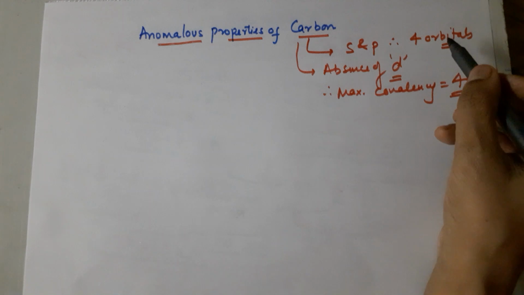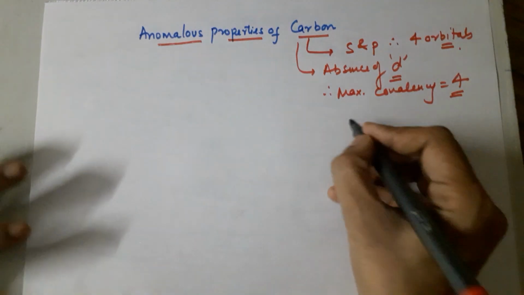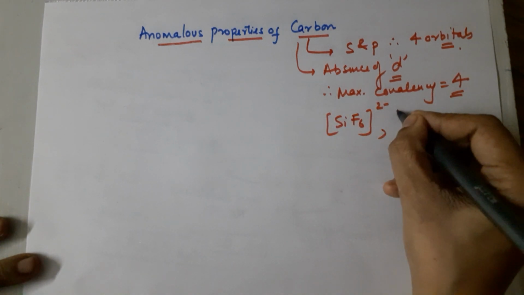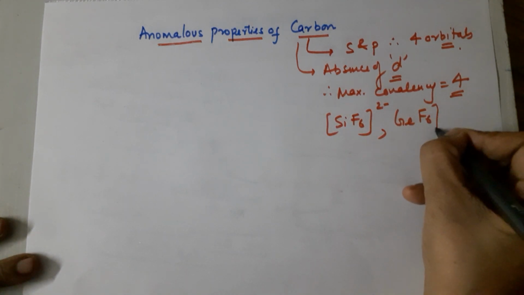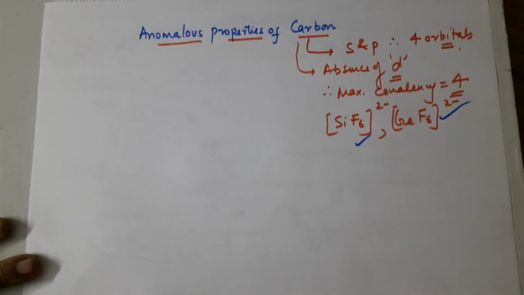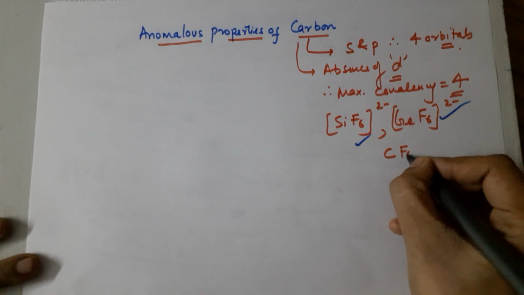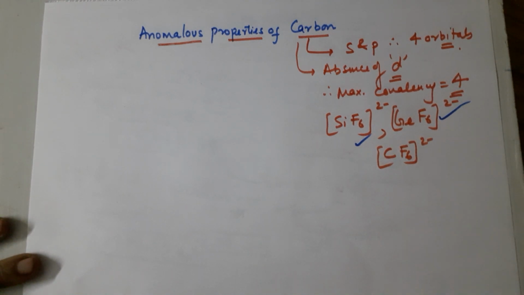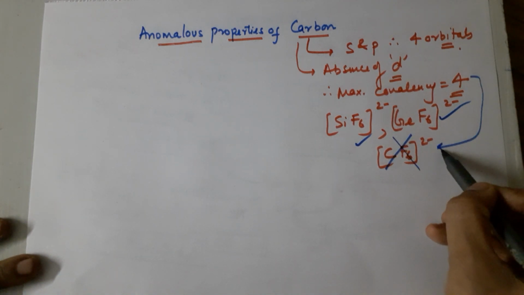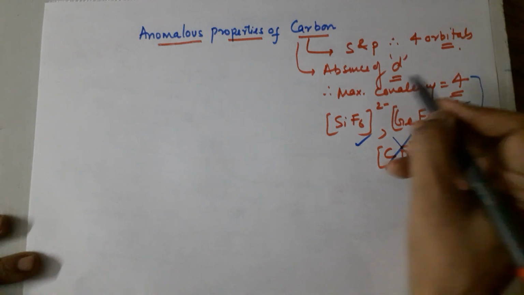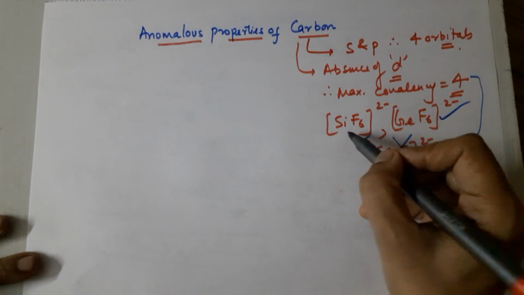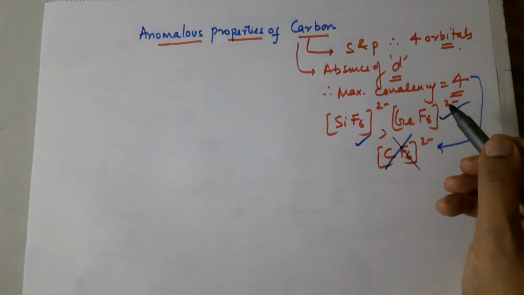For example, compounds like SiF6 2- or GeF6 2- do exist because they have a d orbital. But for a similar compound, CF6 2-, nothing of this sort is possible because the maximum covalency of carbon can only be 4 due to the absence of the d subshell, while the other members can show 6 bonds owing to the presence of the d subshell.